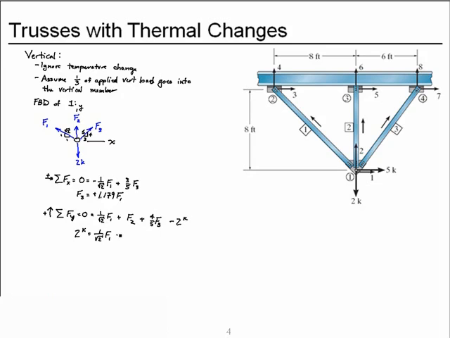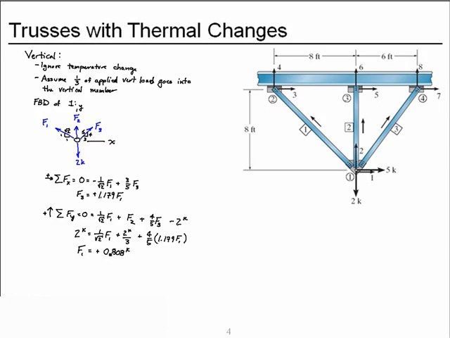The force in member 2 we said will be the 2 kips divided by 3, and then we have 4/5 times the force in member 3, but we'll substitute in our expression in terms of the force in member 1. So I can combine all of these, move this to the other side, solve for the force in member 1, and I get a positive 0.808 kips.